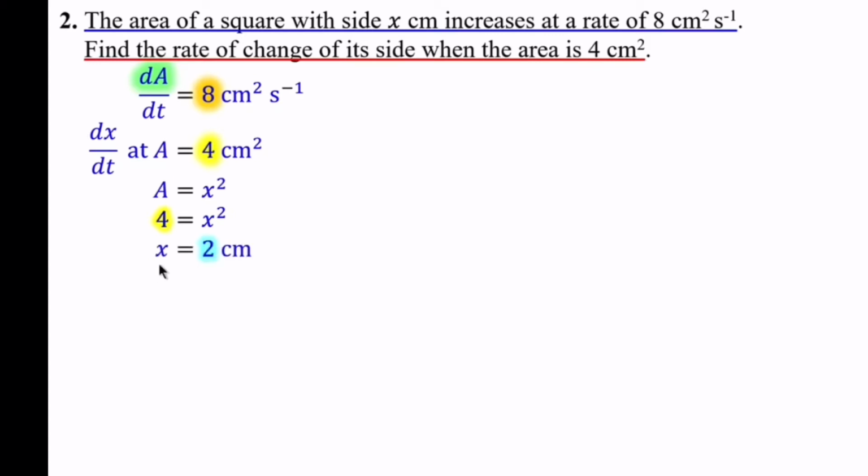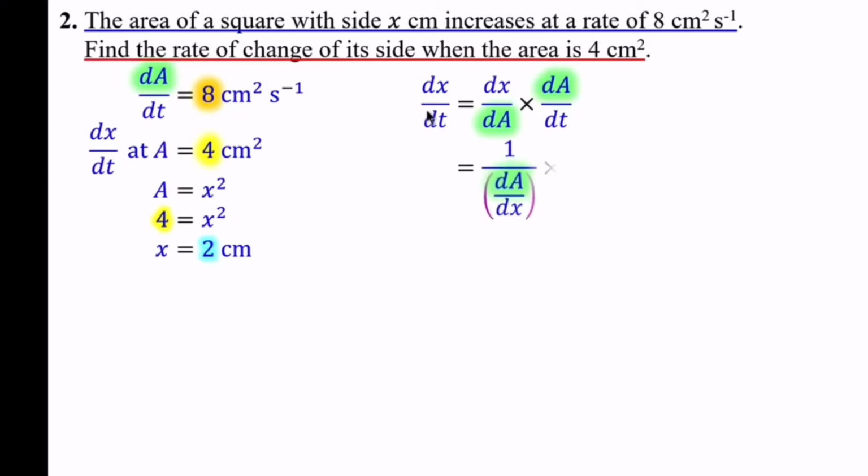So with x equal to 2, we are going to use the chain rule. The chain rule is dx/dt equal to dx over dA times dA/dt. So we substitute 1 over dA/dx times dA/dt, which is 8, because dA/dt is actually 8.